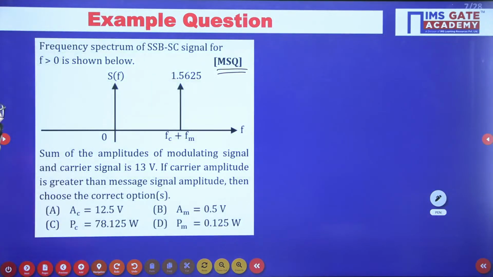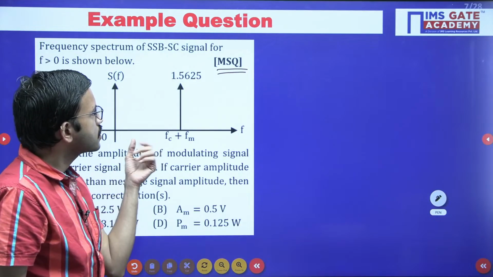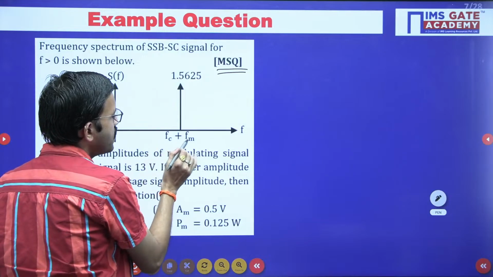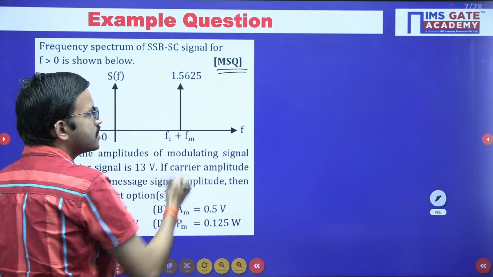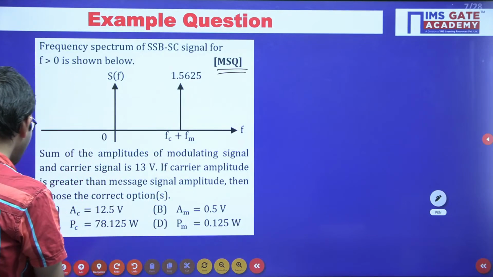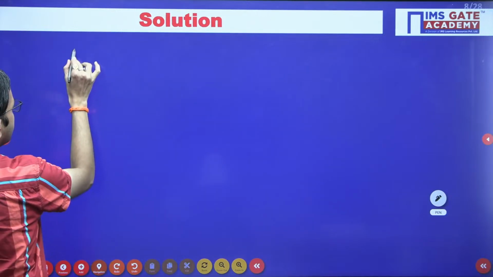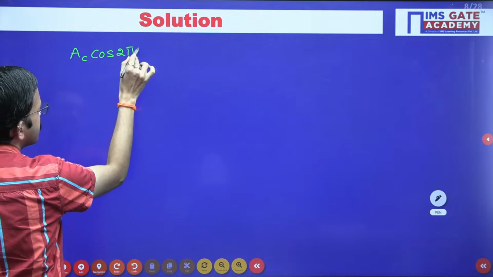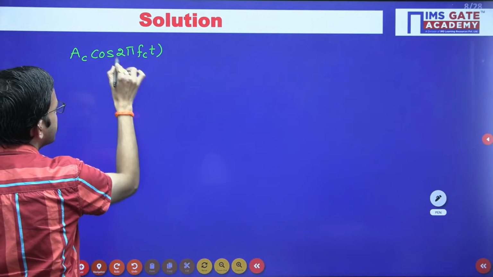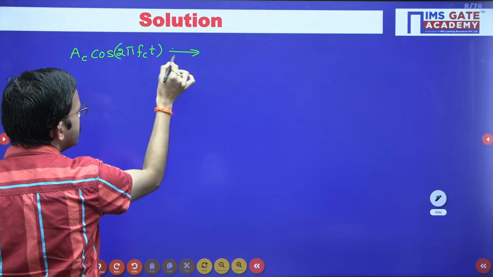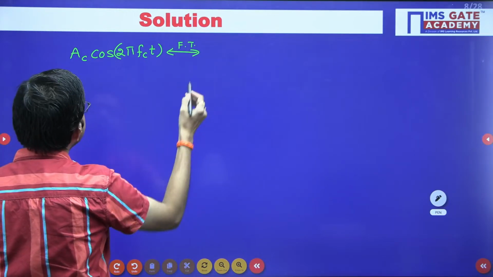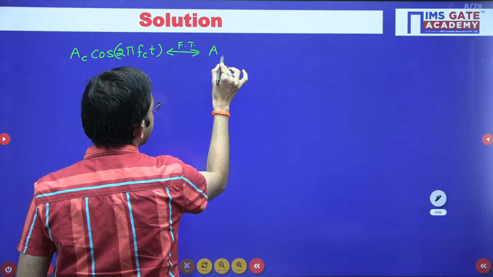Now let us come back to this question. At this particular frequency you have the signal strength. For easy understanding, say you have Ac cos 2πfct. If you apply the Fourier transform, you will get a function like this, Ac by 2.